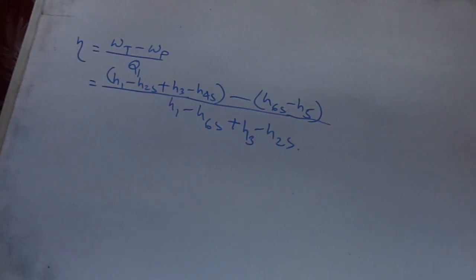And another one is the steam rate. Steam rate is 3600 by W net, in kg per kilowatt hour.